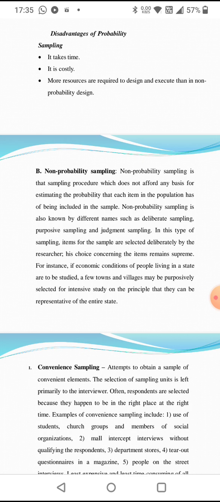When a particular lot is to be accepted or rejected on the basis of a single sample, it is known as single sampling. When the decision is to be taken on the basis of two samples, it is known as double sampling. And in case the decision rests on the basis of more than two samples, but the number of samples is certain and decided in advance, the sampling is known as multiple sampling.